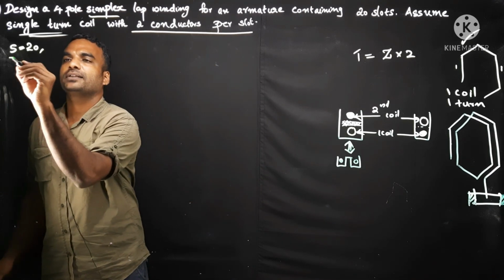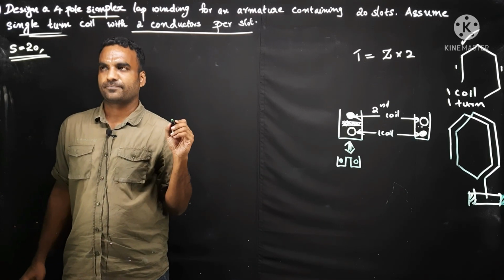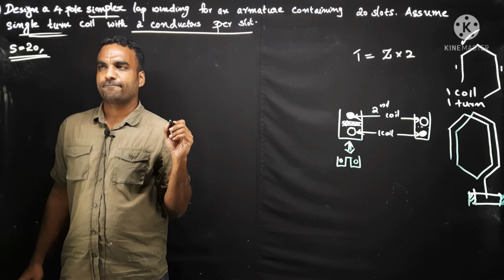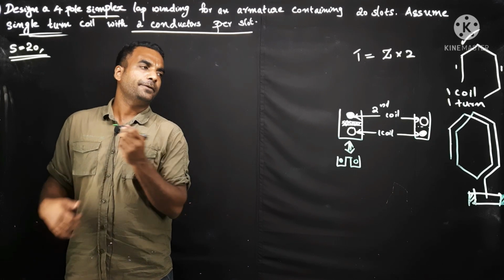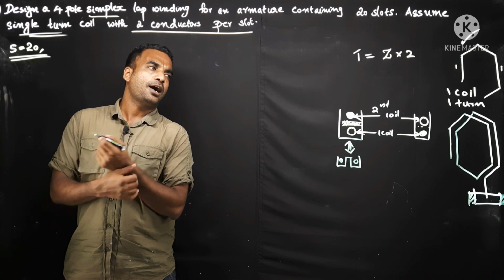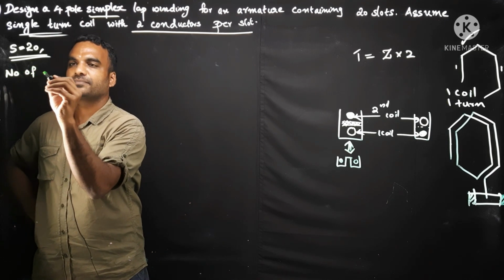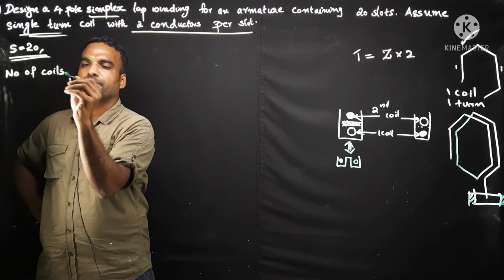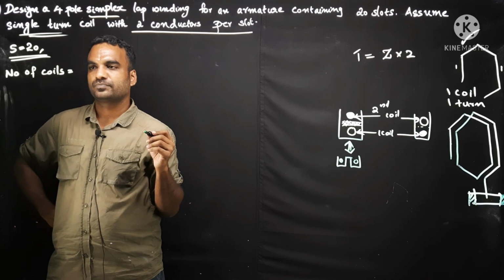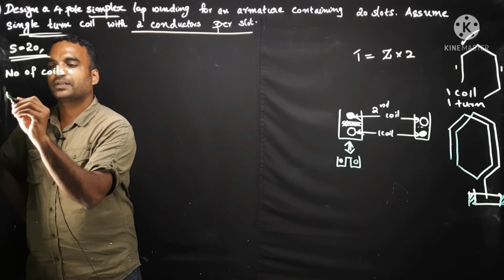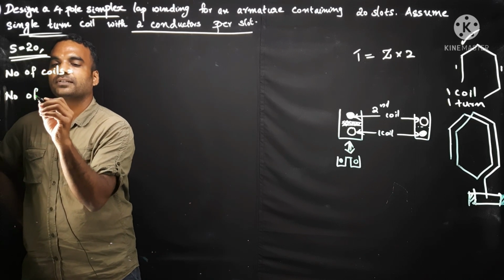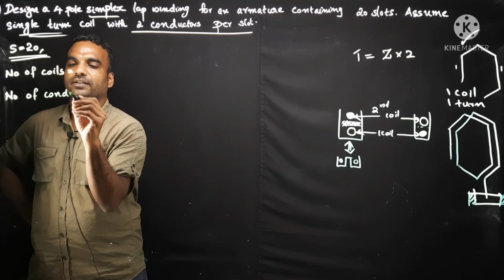So we know that there are 20 slots. Okay, now tell me, how many coils will there be? Similarly, how many conductors are there?